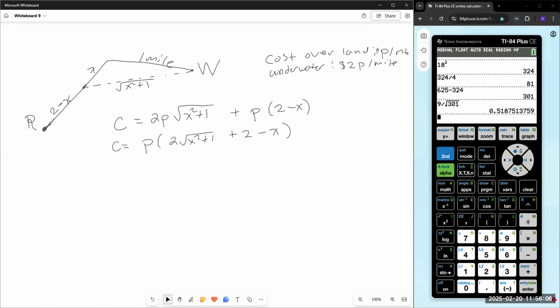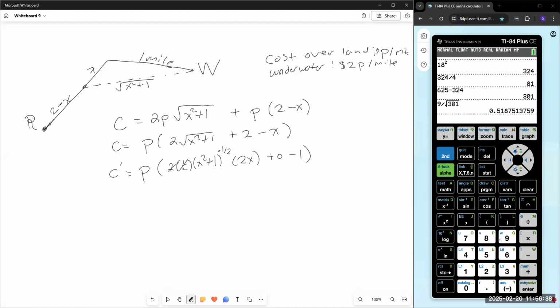So when I take the derivative here, C prime, that P just sits out there and is 2 times 1/2 times X squared plus 1 to the negative 1/2 times 2X plus 0 minus 1. And 2 times 1/2 will be 1.